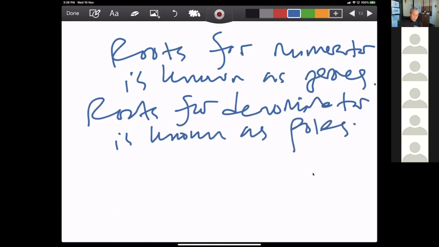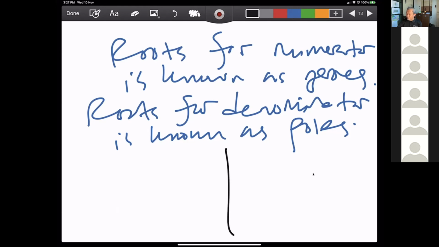Angku Izzat. Yes, doctor. Can you read what I wrote here? Roots for the numerator are known as zeros. Roots for the denominator are known as poles.